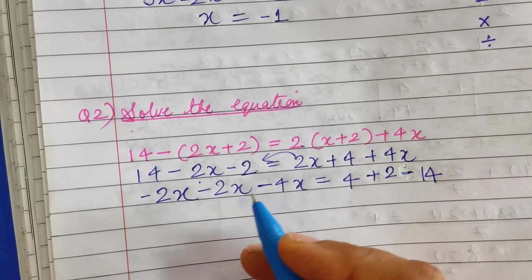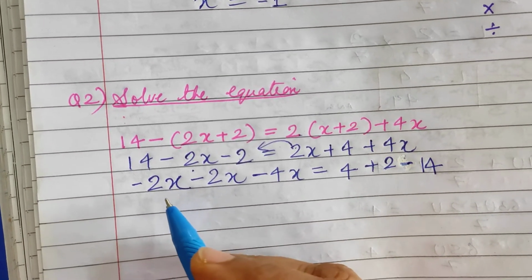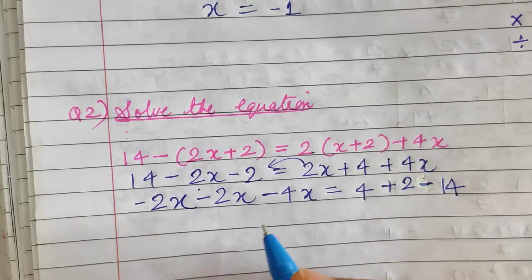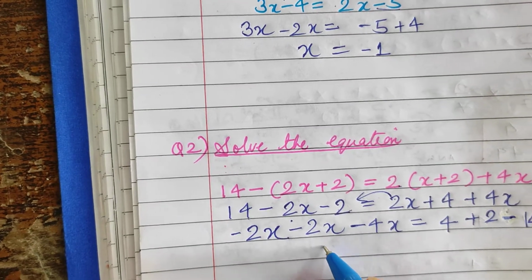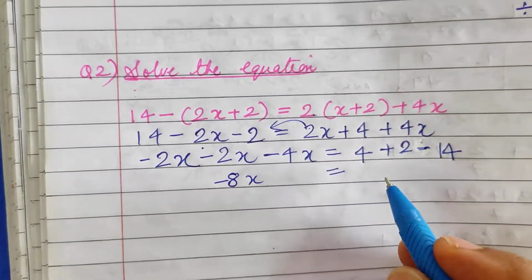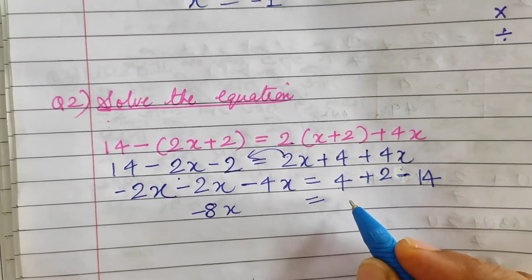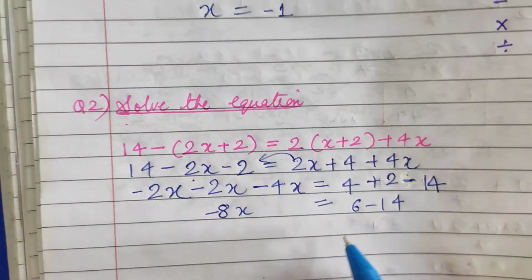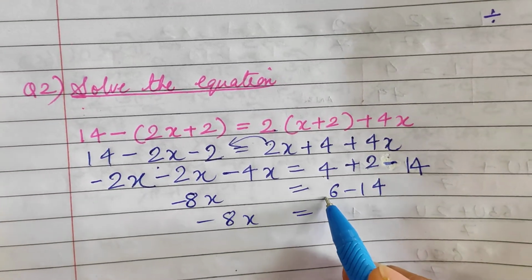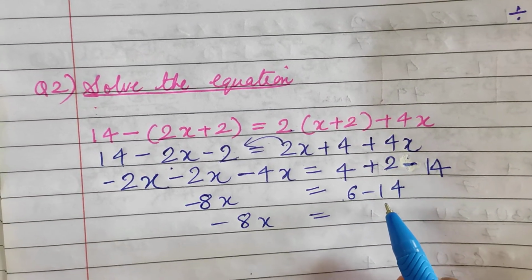Minus, minus and minus: same sign gets added. So minus 2x and minus 4x, after addition it will become minus 8x equals 4 plus 2 is 6, 6 minus 14. So minus 8x equals 2 plus 6 and minus 14. Plus minus is minus.